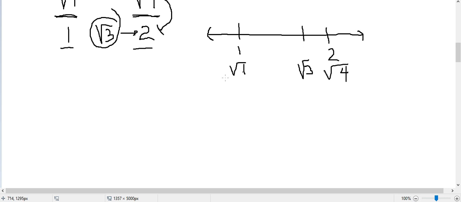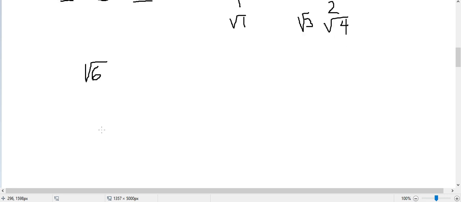Okay, so another example. So let's have square root of 6. Now we are going to identify two perfect squares nearest to the radicand 6. So what are the two perfect squares that are nearest to this number?